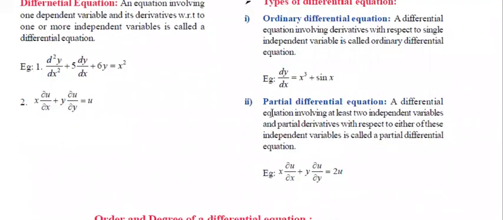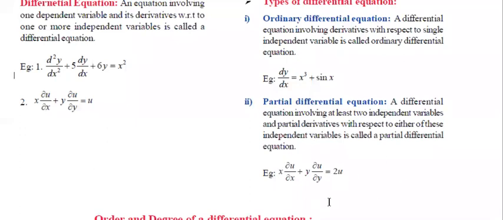Now the second one, the partial differential equation. A differential equation involving at least two independent variables and partial derivatives with respect to either of these independent variables is called a partial differential equation.